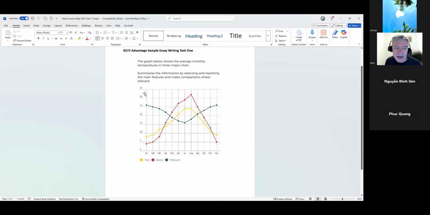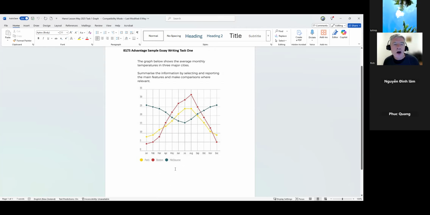So now we understand what the graph is measuring: temperatures across 1 year. As you can see, there are 12 months here, and it's comparing the different temperatures in these three cities at different times of the year.